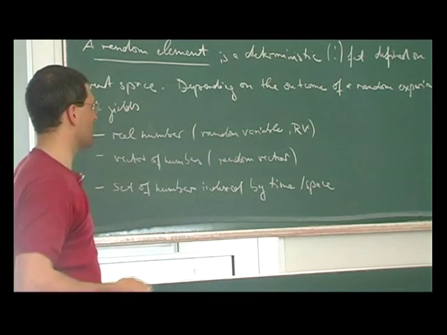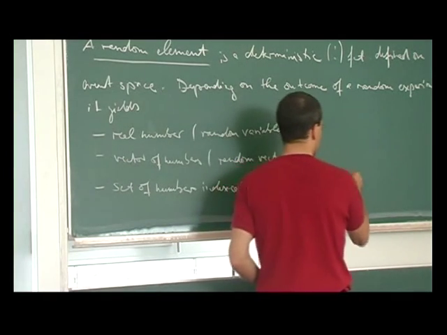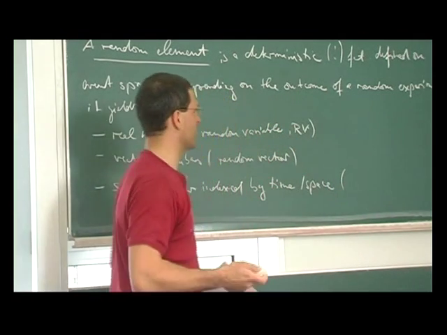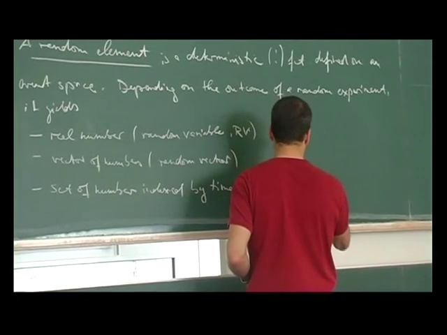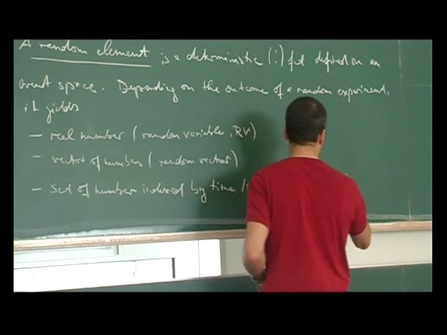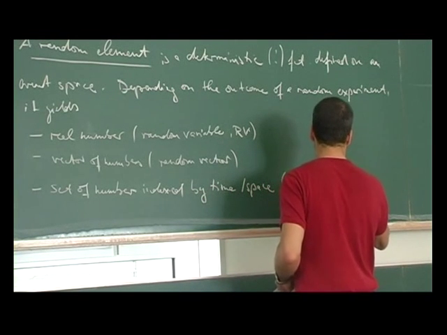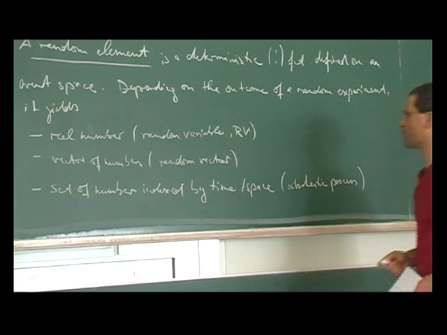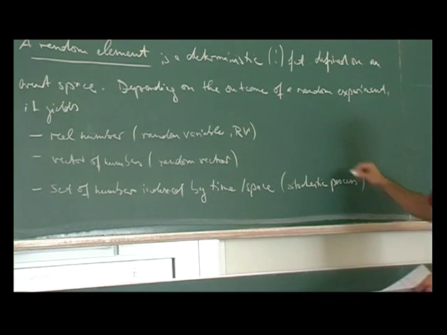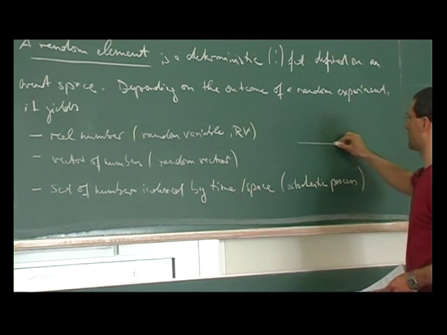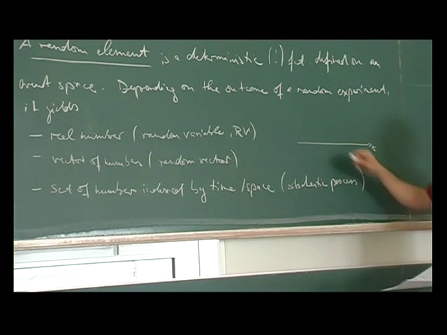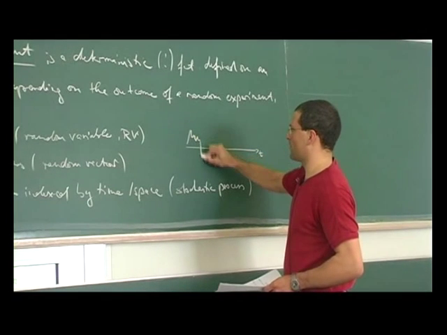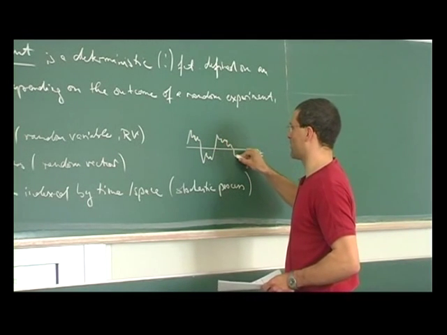This is an important instrument in the study of communication systems, for example. This is called a stochastic process. So let's say we have time, and then some process.